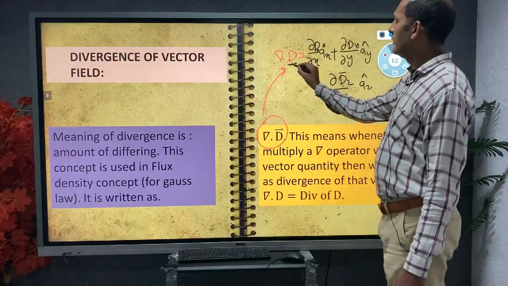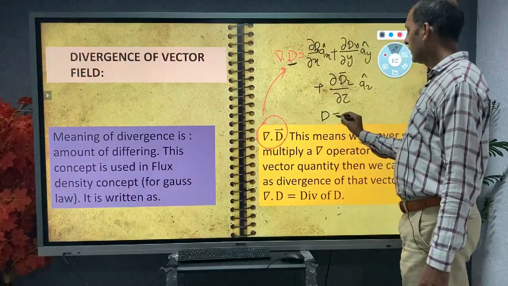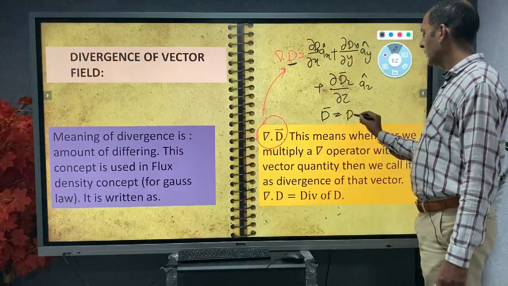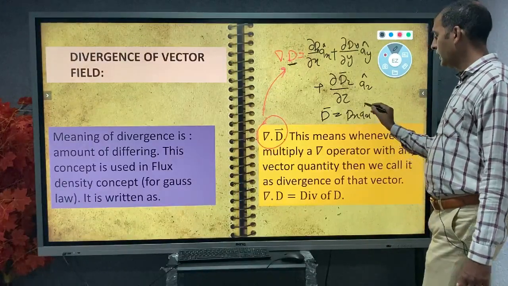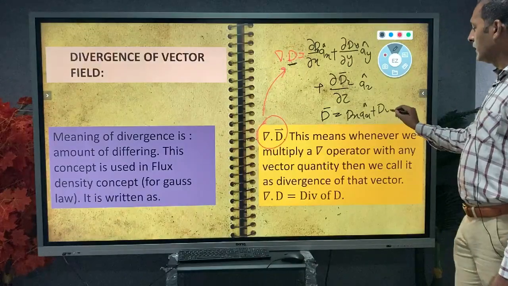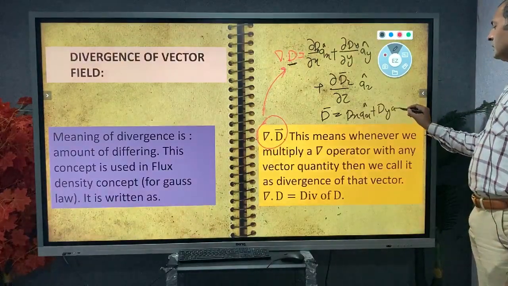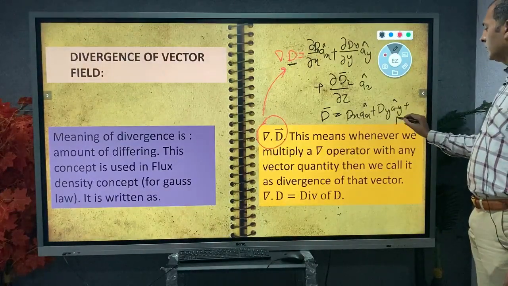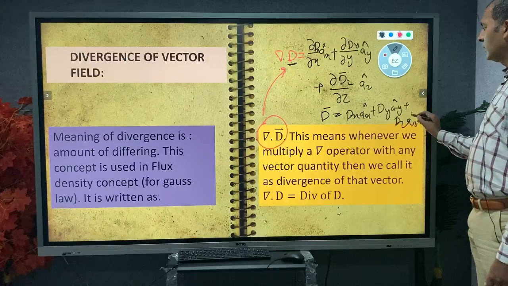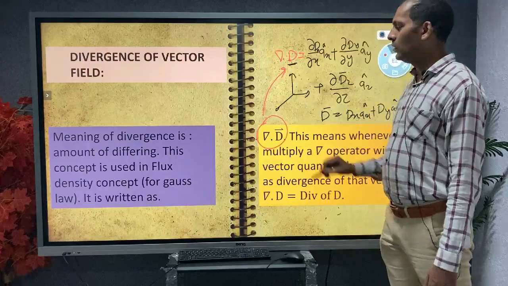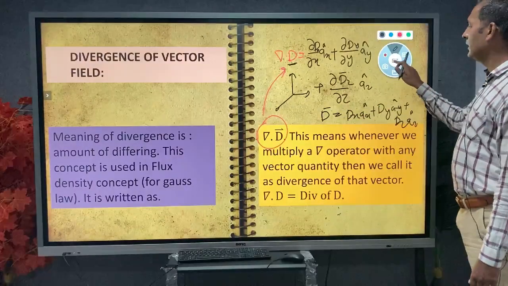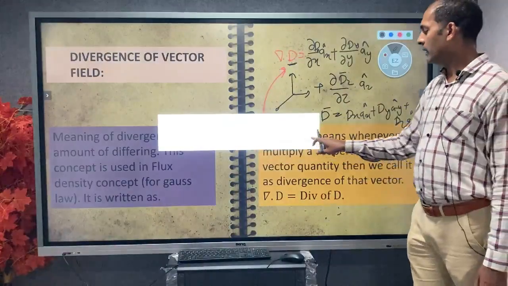Here we can observe that this D can be represented as Dx, then its direction, plus Dy, its direction, plus Dz, its direction in 3 dimensions. So all the quantities are represented in 3 dimensions by using the del operator.